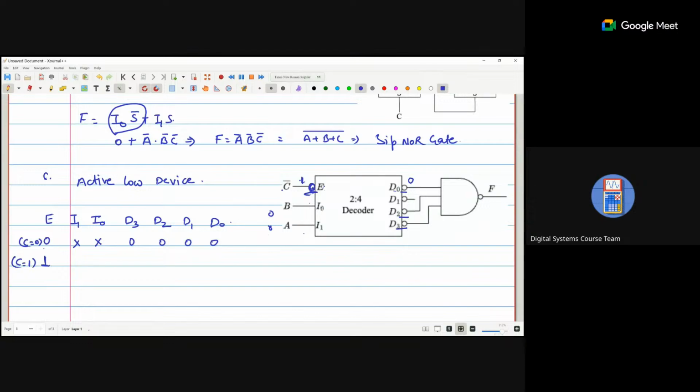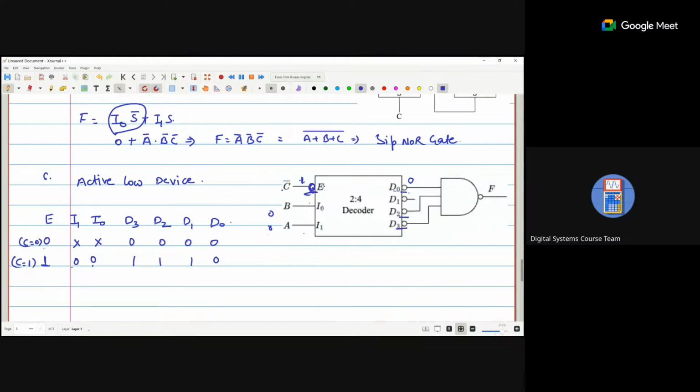Now if both are 0, in the general scenario D0 is 1 and all others are 0. But because of this active low, every output is complemented.